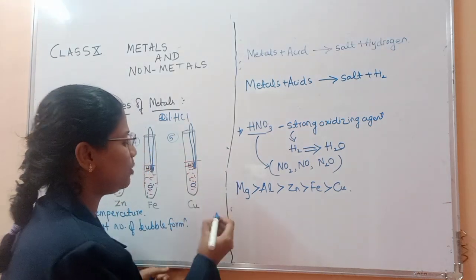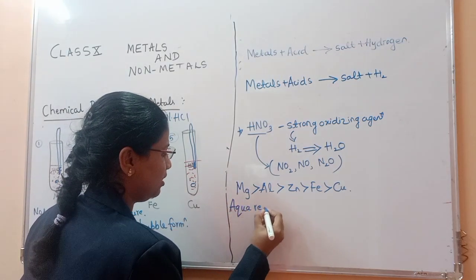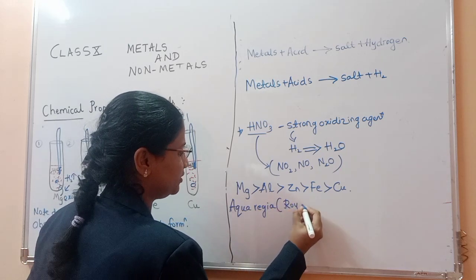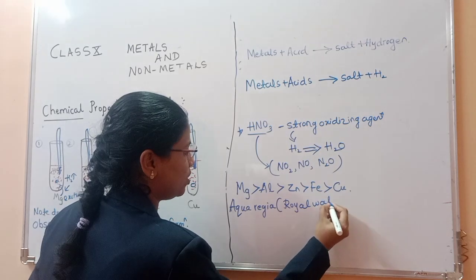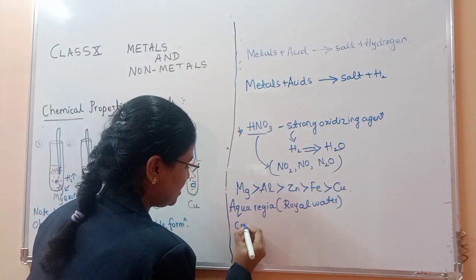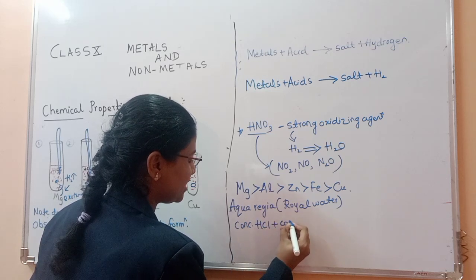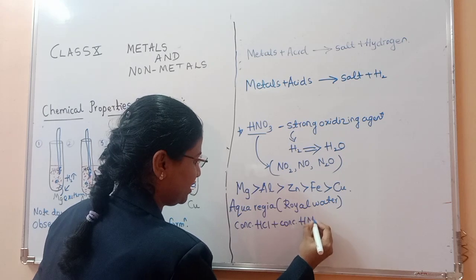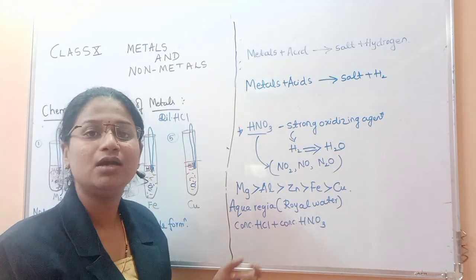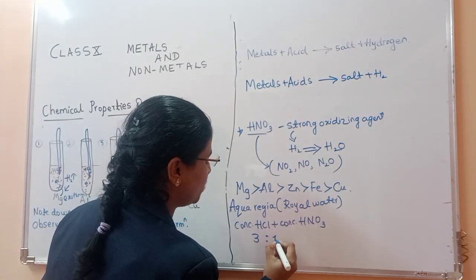Now we have to learn one more concept, which is called aqua regia. What is this aqua regia? It is called royal water. It is made up of concentrated hydrochloric acid and concentrated nitric acid in the ratio 3:1.